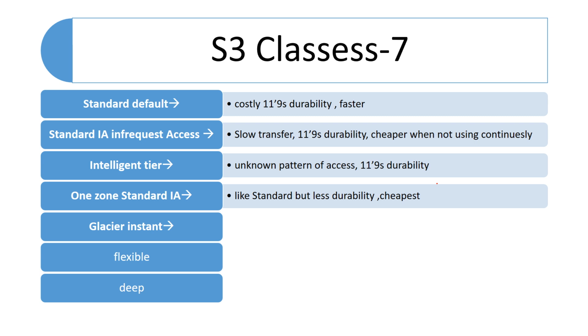Glacier is used for backup and archive solutions, archive meaning long duration backups. If you want to store data for a long duration and no one is going to access it for 1 year or 6 months. For example, you have a CCTV video recording and you want to take a backup. Where do you keep it, Standard or Glacier?